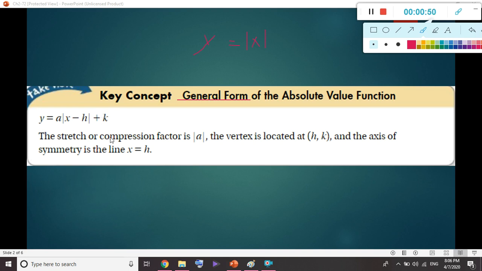The stretch or compression factor is a. The vertex is located at (h, k), so h and k are the coordinates of the vertex, and the axis of symmetry is the line x equals h. Okay, so let's start with the examples we have for today.